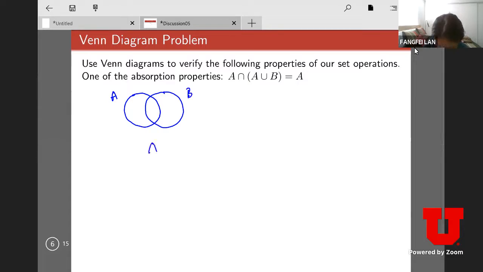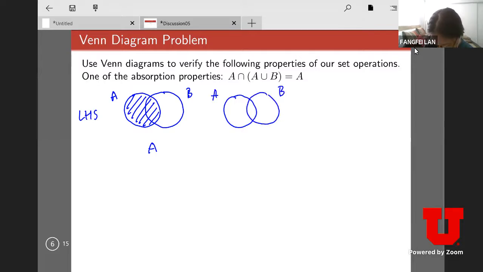So A is this part, right? And so let's say we're doing left-hand side first. That's A. And then A union B is this, right?